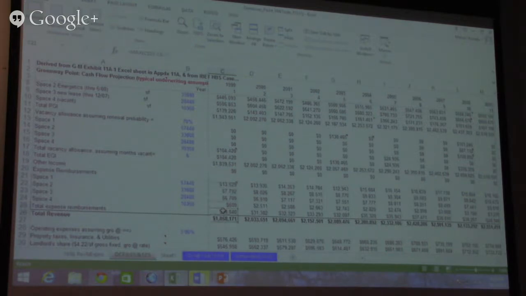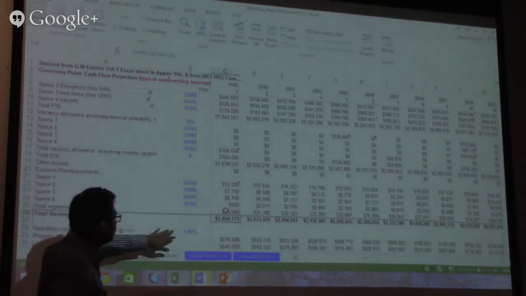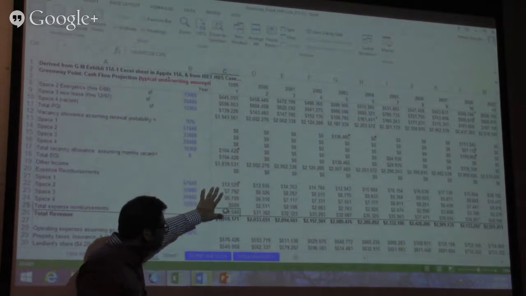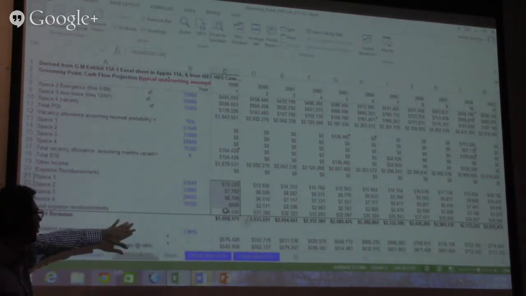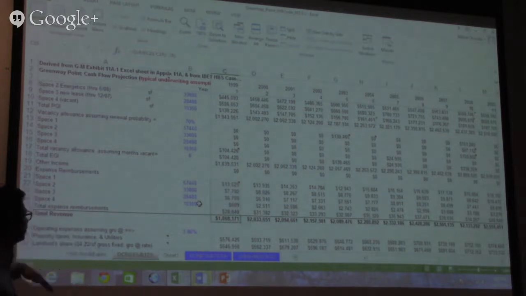Okay, so is everyone clear until now how we calculated all the expense reimbursements for all the 4 spaces? If you sum all of this, 13,000, 7,000, 6,000, it should be the total of what you pay.